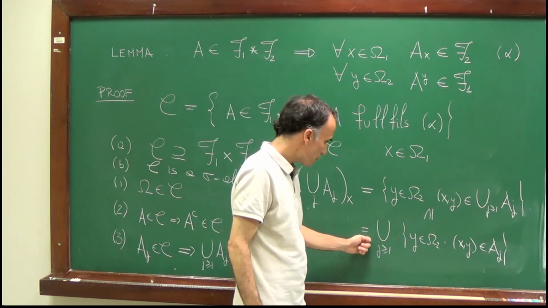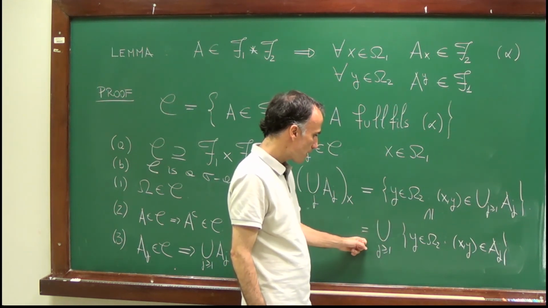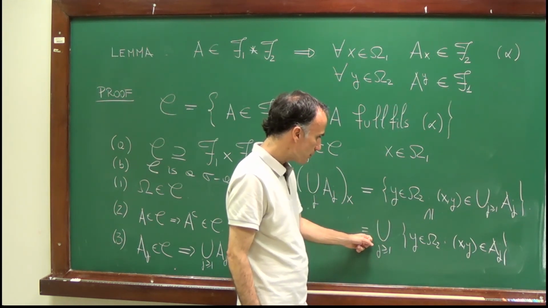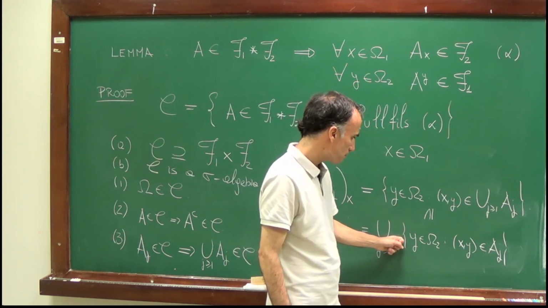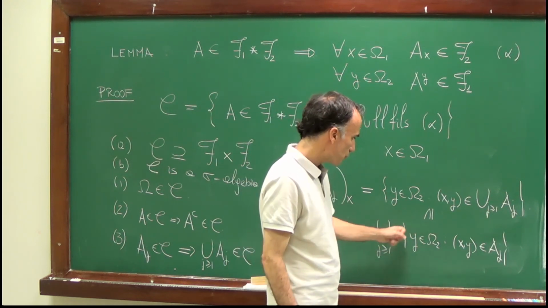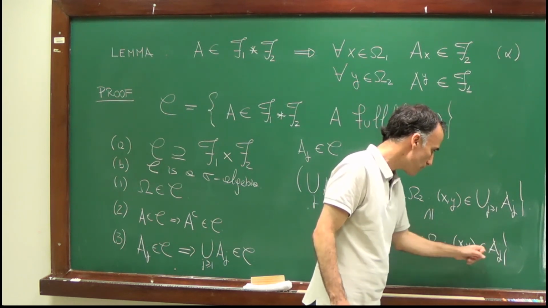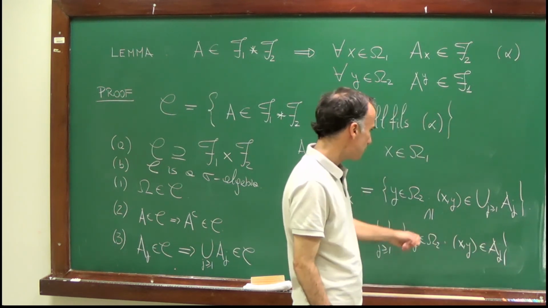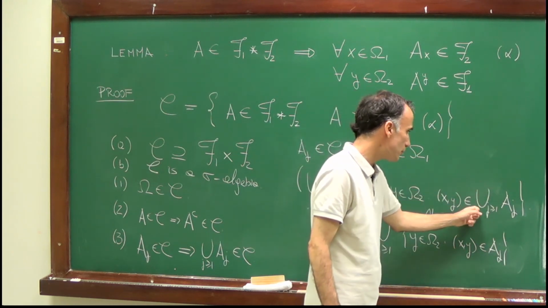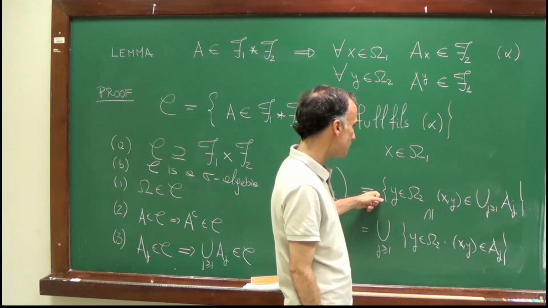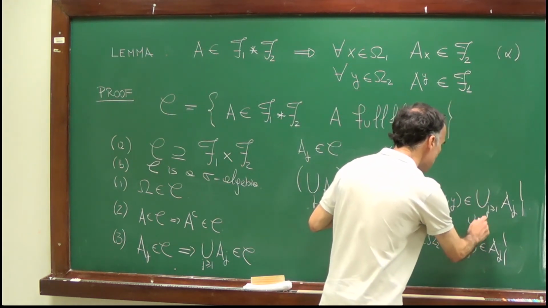So now assume that you have a point in this union. If you have a point y in this union, it means that it belongs to one of these sets. If y belongs to one of these sets, this means that (x, y) belongs to that A_j. If (x, y) belongs to that A_j, of course (x, y) belongs to the union of A_j, and therefore y belongs to that set. So this proves the other inclusion.